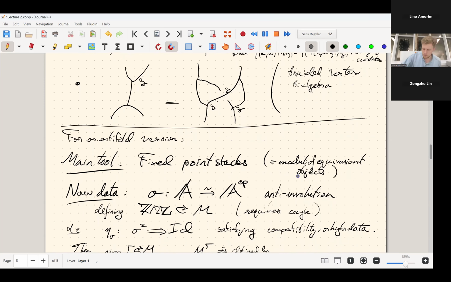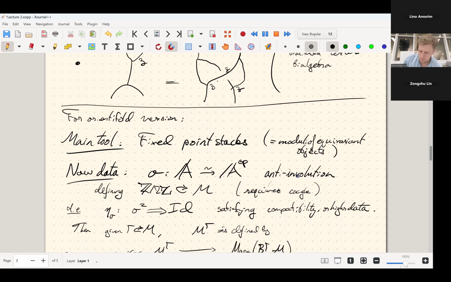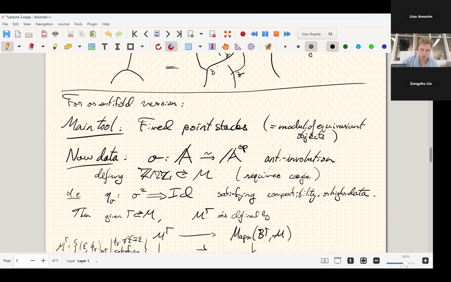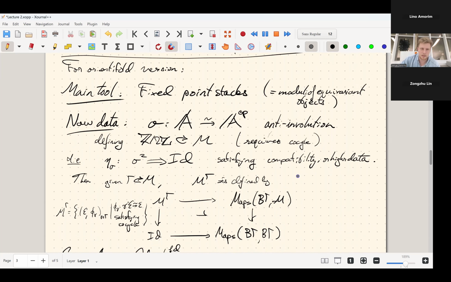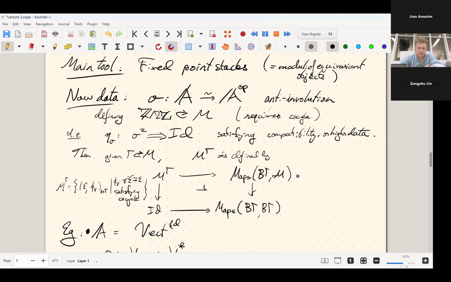Right. So all of these stories have a long history. The main contribution of this project has been to find the analog of these results for Orientifold lines. The new tool that we use for this construction is taking fixed point stacks of the relative stacks under consideration.